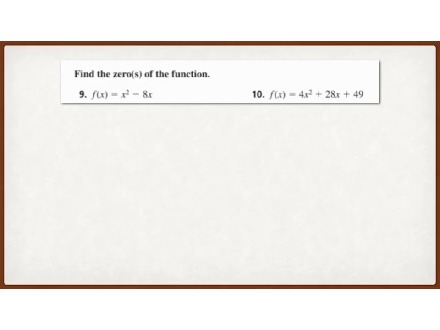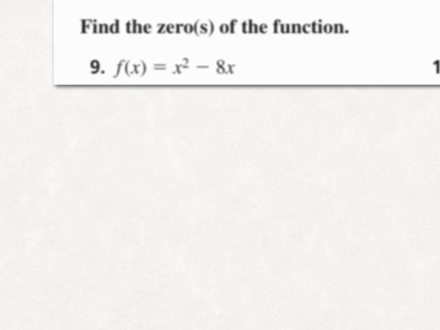Last two examples. So we need to find the zeros of the function, so we just change our f of x to be 0. So we have 0 is equal to x squared minus 8x. What do we do here when we don't have a constant that's being added to it?